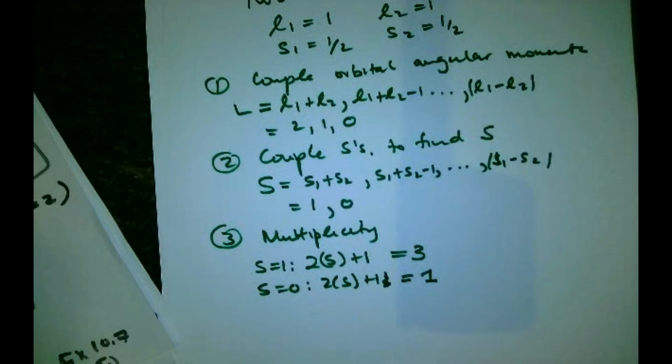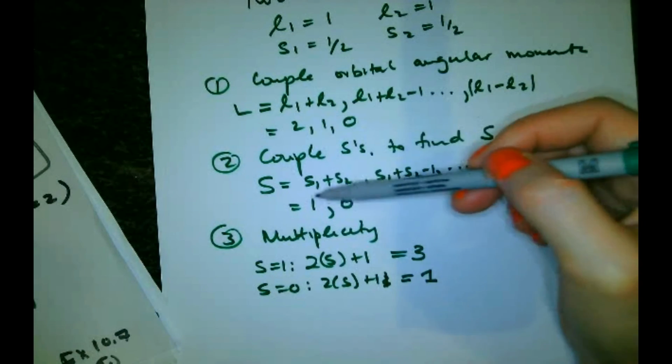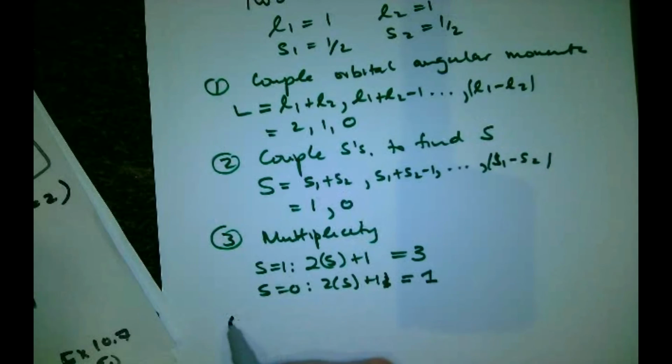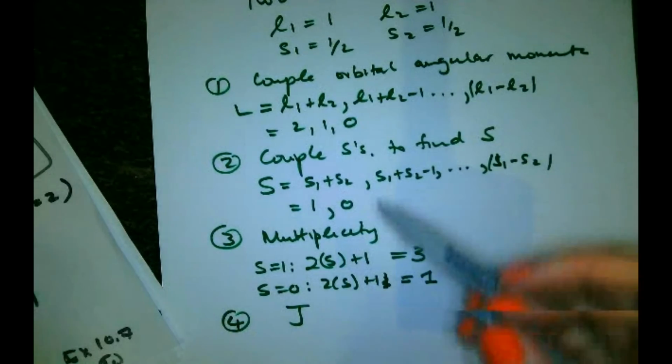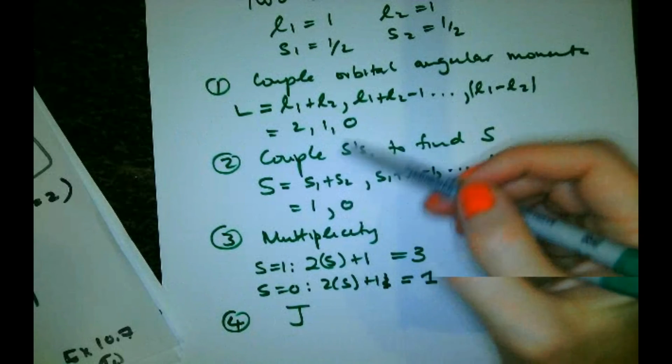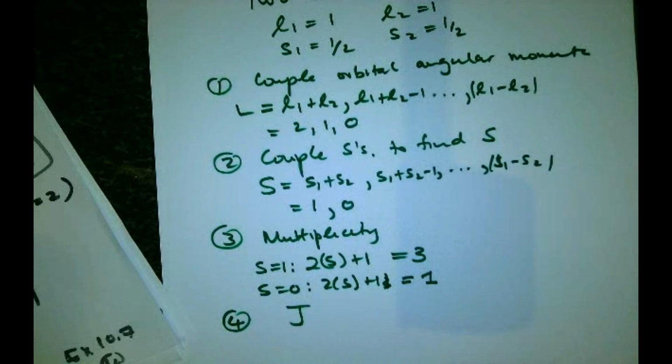Okay, so what do we have here? We have 3 different values of L, 2 different values of S. So the fourth step would be to find J. Now in order to do that, you have to couple each of these with each of these. So now things get complicated. So now you have to keep your bearings.